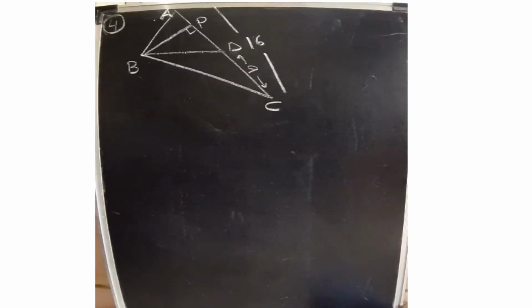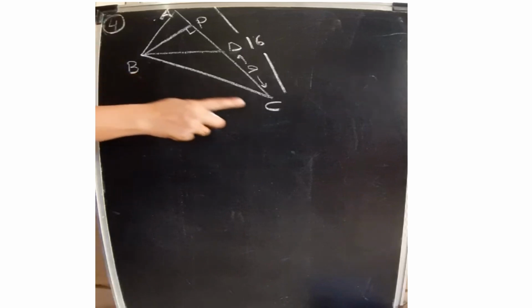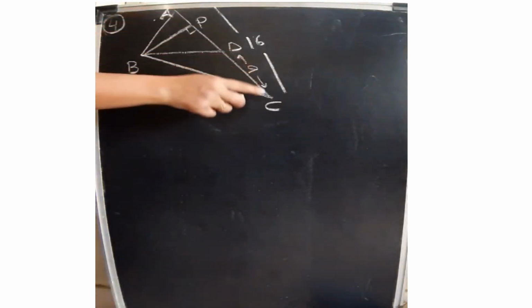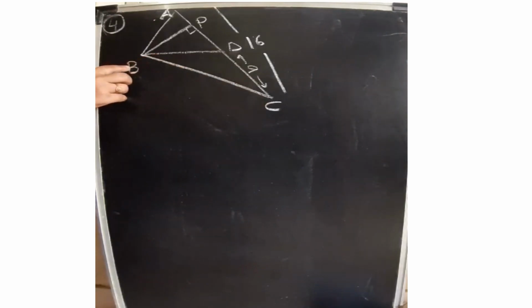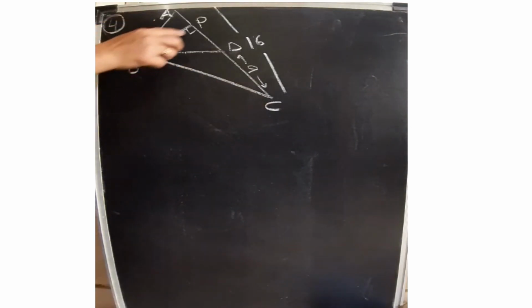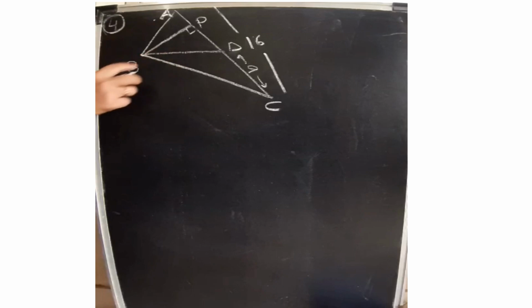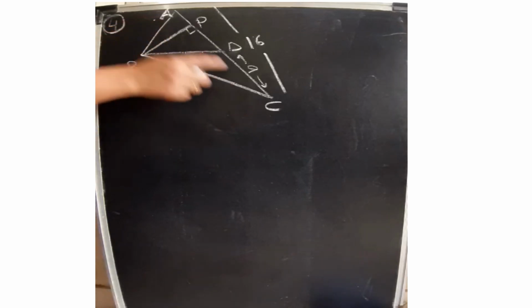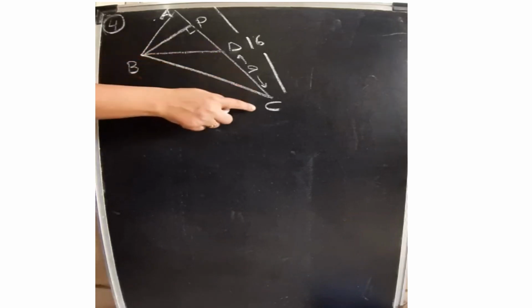In the given figure, triangle ABC, observe the diagram and read the question. Point D is on side AC. B is a common vertex in triangle ABC. BP is perpendicular to AC. B is the common vertex for all the four triangles.